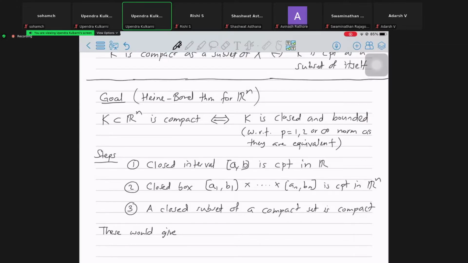So these steps would give the backward direction. How? Can you see how?